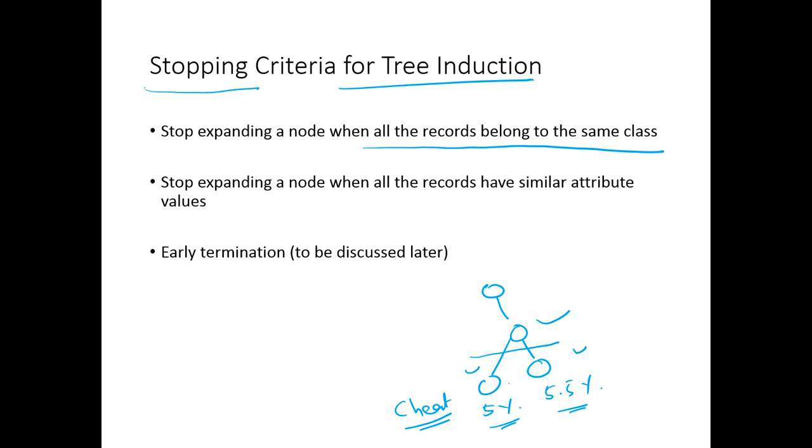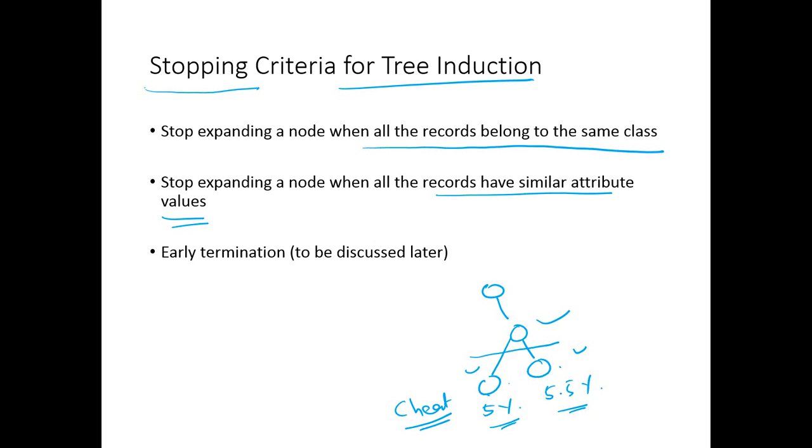So we'll see when exactly the classes down below in the decision tree do not have much difference in the distribution. Stop expanding a node when all records have similar attribute values. If you have only cheat here and only cheat here as well, there's no point, right?